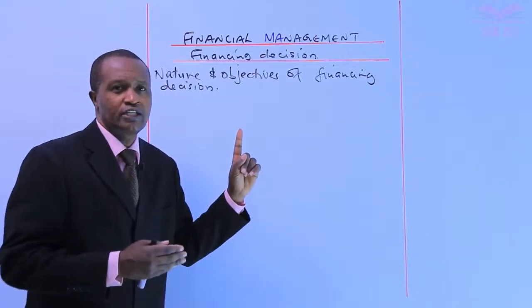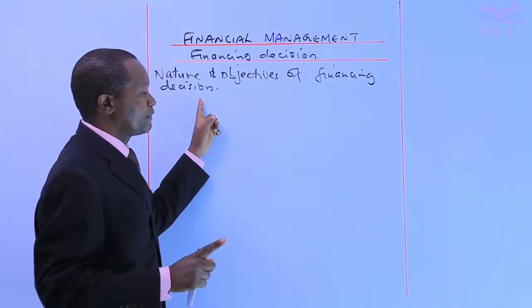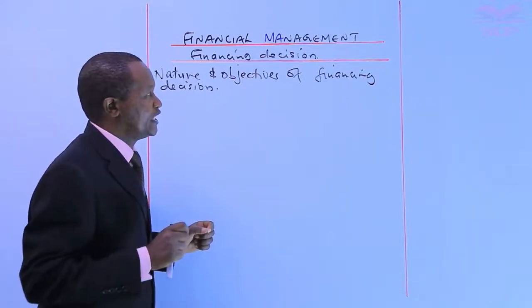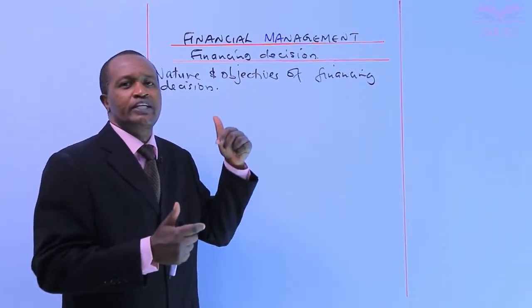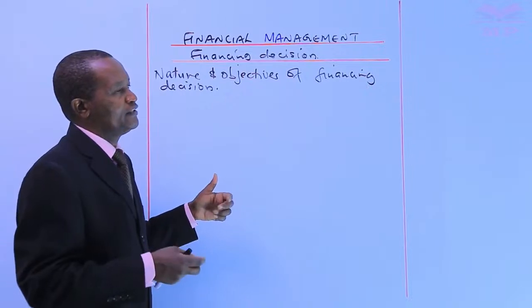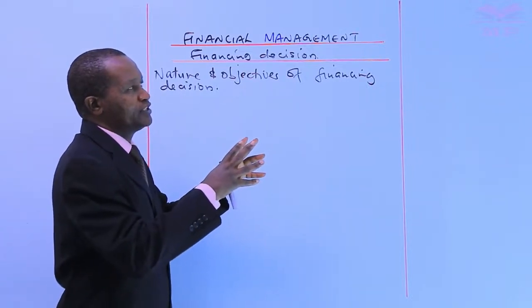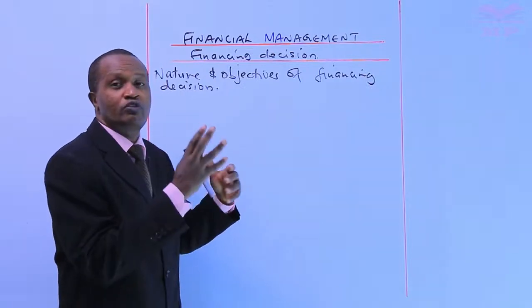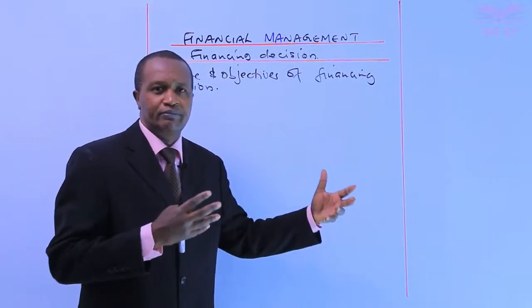So it's important to note that the nature of financial decisions varies from one firm to the other. And even the firms which may seem the same, the nature of financial decisions can also vary over time.